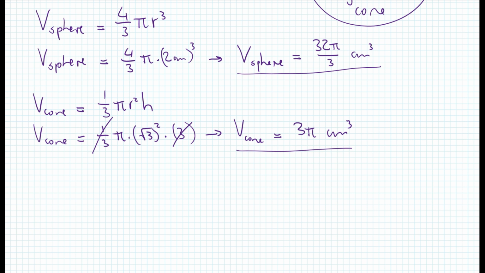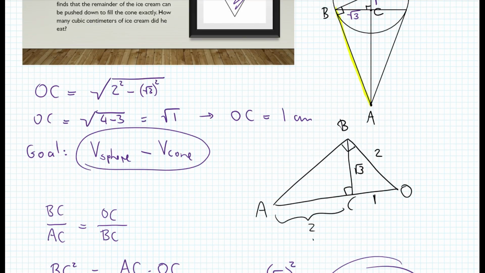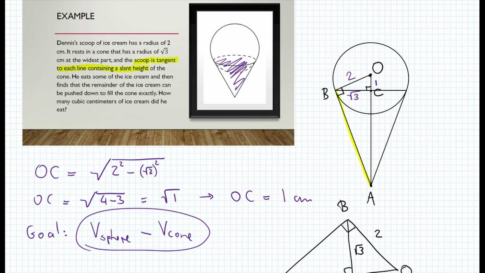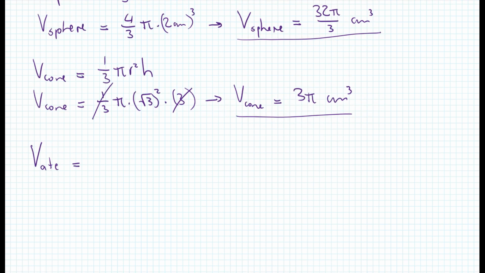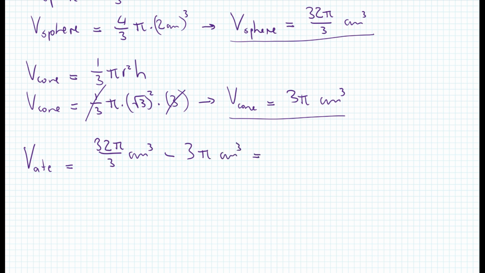That's great now, because all we need to do is subtract the volume of the cone from the volume of the sphere. Here we want to find how much he ate, so let's call it volume 8. It is equal to the volume of the sphere, which is 32 pi over 3 centimeters cubed, minus 3 pi centimeters cubed. We're going to find the common denominator here, which is 3.